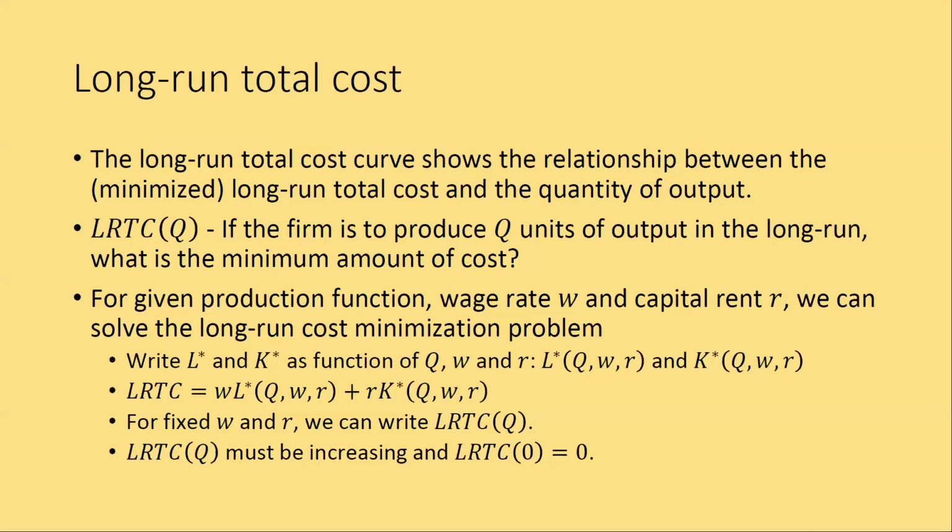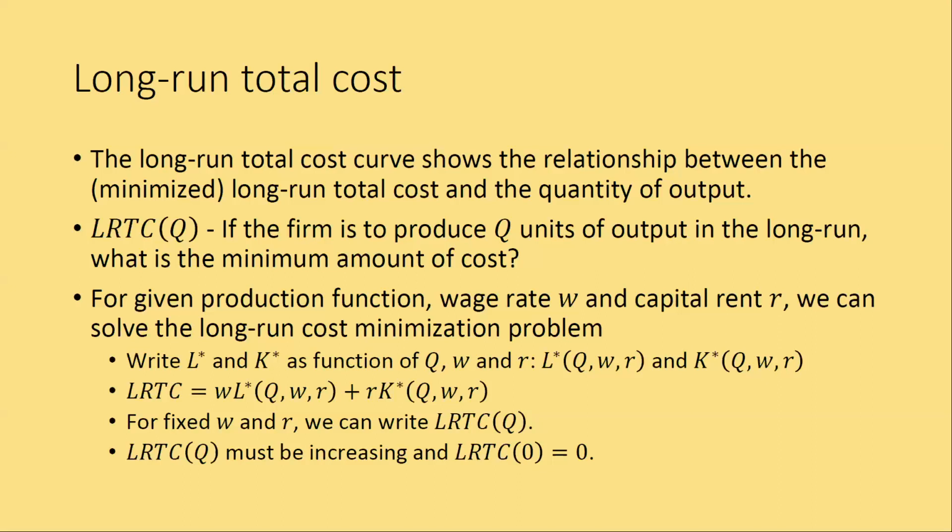And also, if the firm produces zero units of output in the long run, because if you remember in the last chapter, we were saying that long run and short run refer to the length of period of time where the firm has different degrees of flexibility in adjusting its inputs, right?